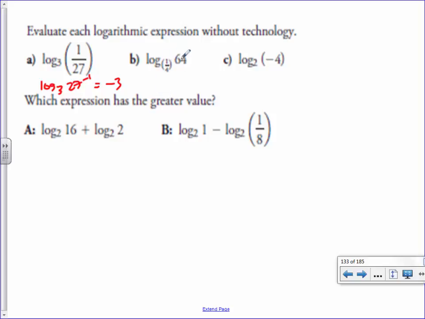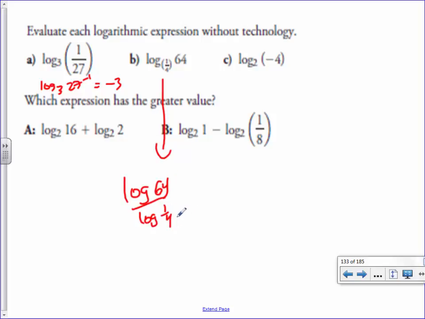This guy right here, we're asking how many 1/4 are in a 64. Any thoughts? I have an idea. Could we write this as log 64 over log 1/4?